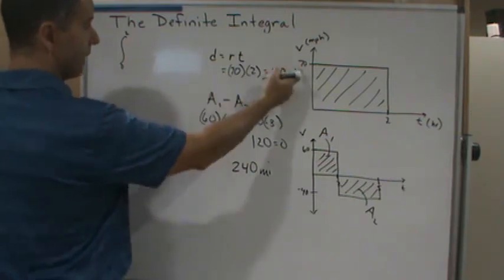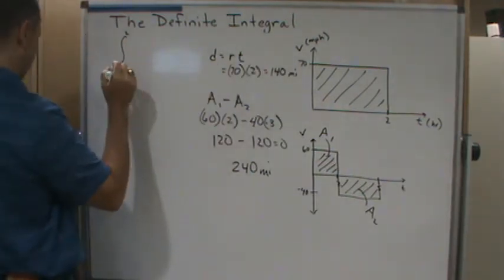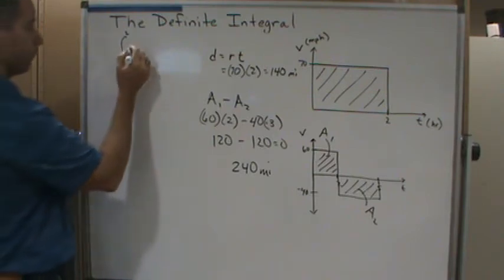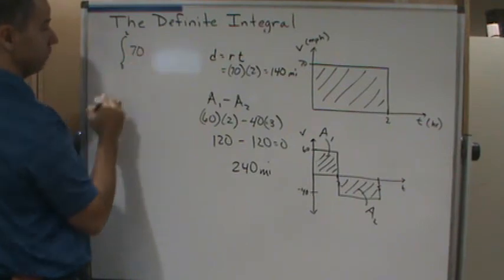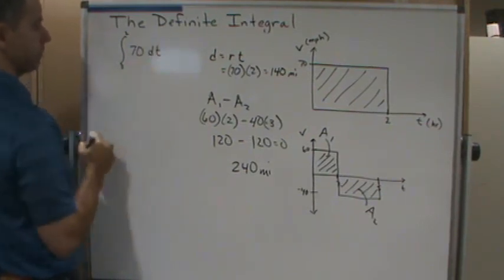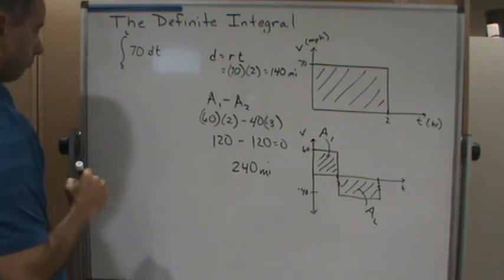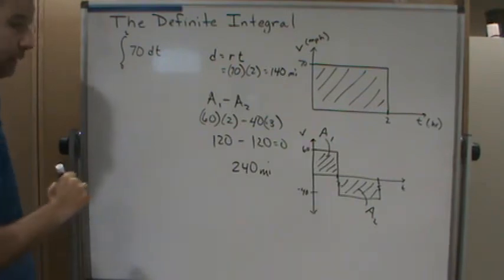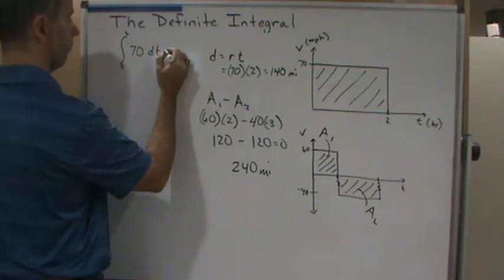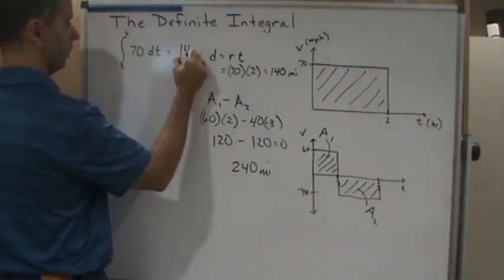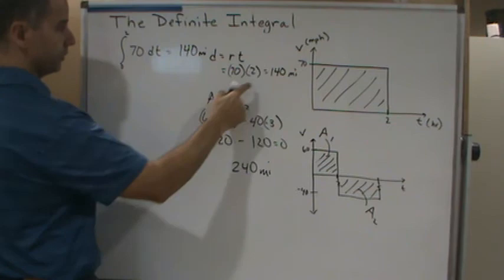It's going 70 miles per hour, so the velocity function is constant, just 70 dt. Because it's constant velocity, this is equal to 140 miles, just like we said.